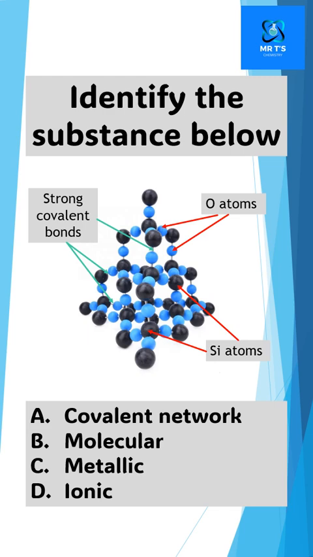Can you identify this substance below? So this substance is made up of oxygen atoms and carbon atoms. They are bonded together by strong covalent bonds in a regular 3D lattice. Now notice it's a kind of a pyramid shaped lattice. Is this a covalent network substance, a molecular substance, a metallic substance, or an ionic substance?